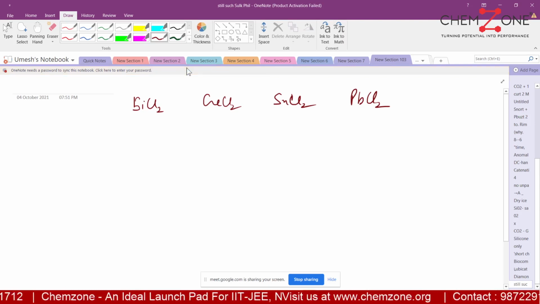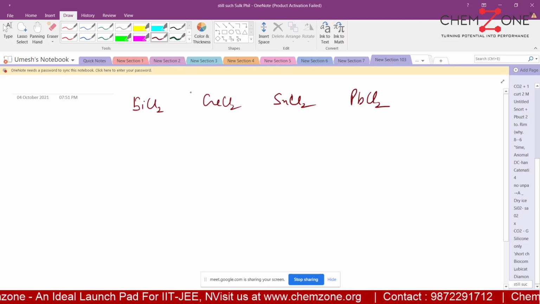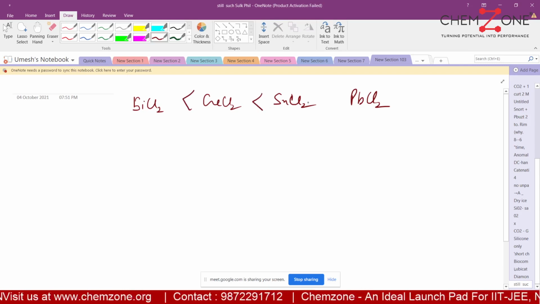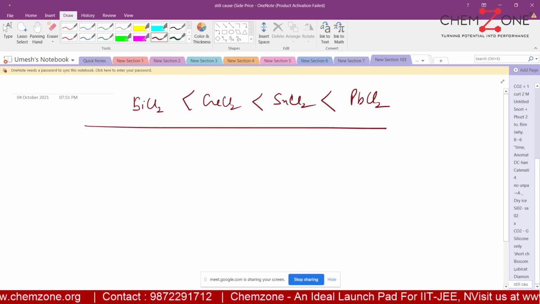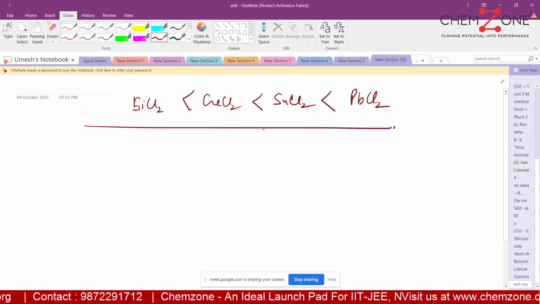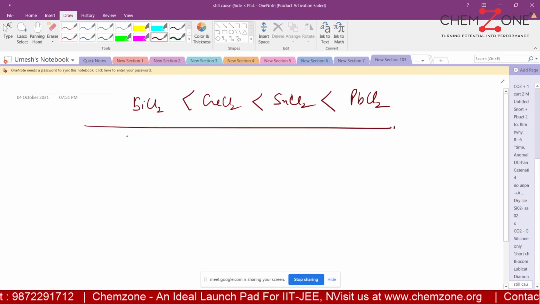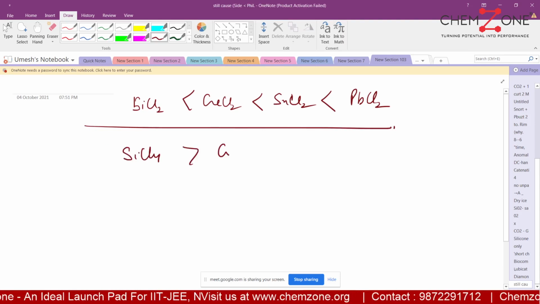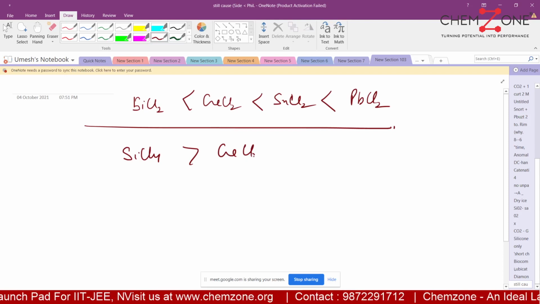I told you that as you go down the group, the +2 state becomes more and more stable. But if I talk about SiCl4, the +4 state is more stable in the upper members.